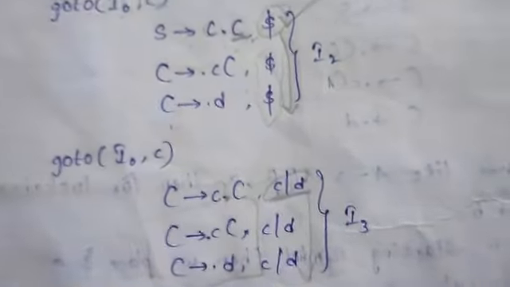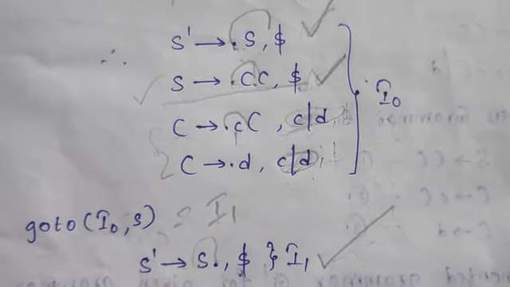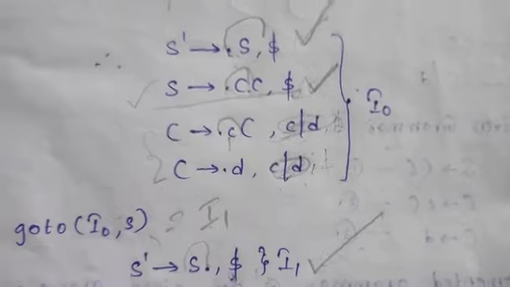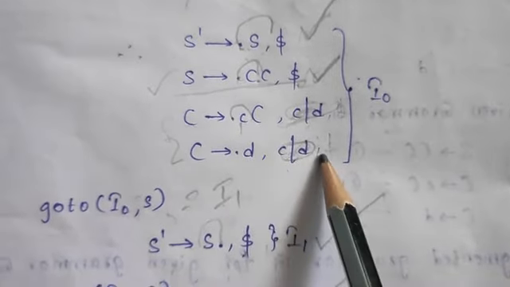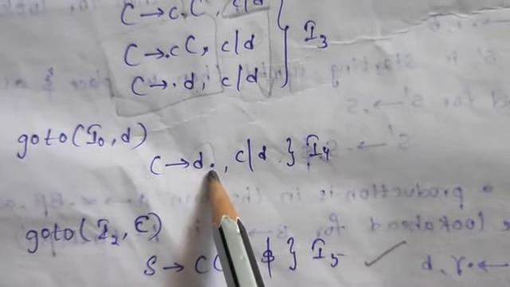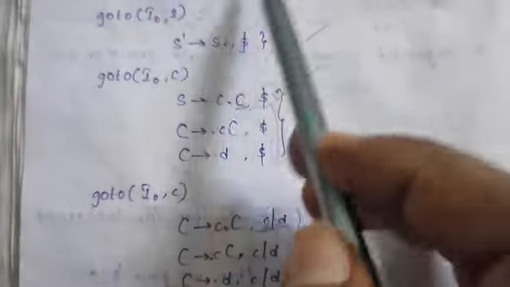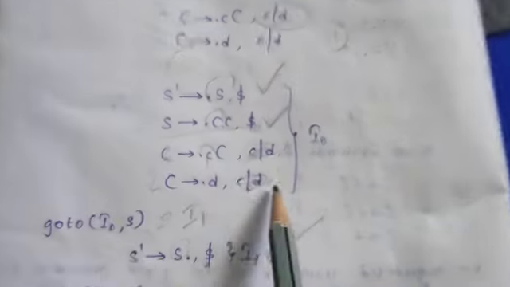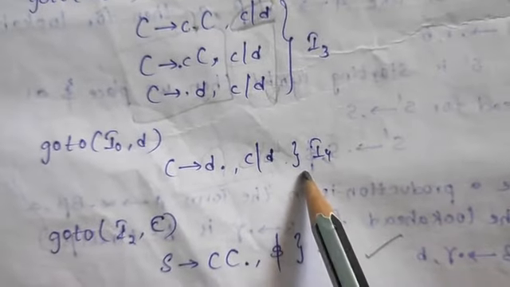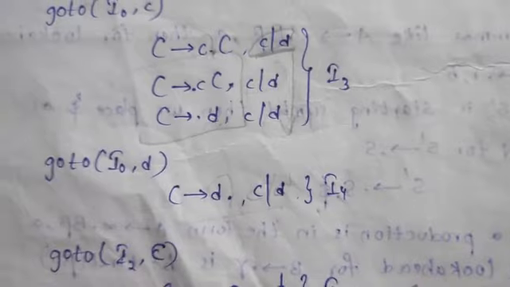Again, the last element should be C tends to dot small d. So here the look ahead is nothing but C slash D. So for that reason here C, the dot is moving from here to here, and the look ahead is the same for this production as in the main grammar, C slash D. Then it does not match I3, I2, I1. For that reason it should be indicated as I4 production.